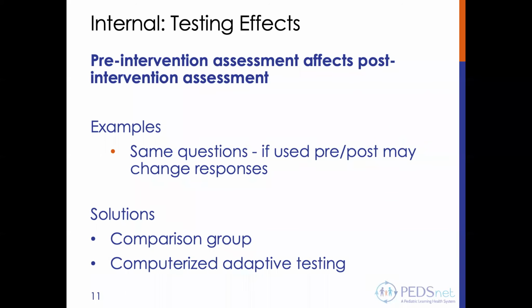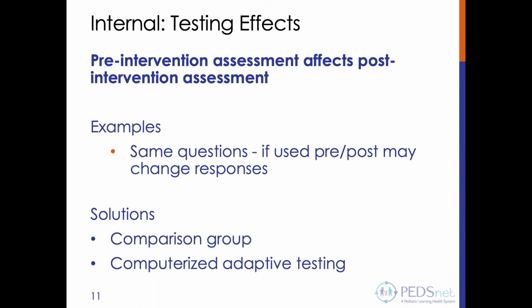Third threat to validity, testing effects. This is when the pre-intervention assessment affects the post-intervention assessment. So the most common example here is that if you are conducting an intervention designed to improve physical functioning, and you use exactly the same questions before and after, people may learn how to answer those questions.